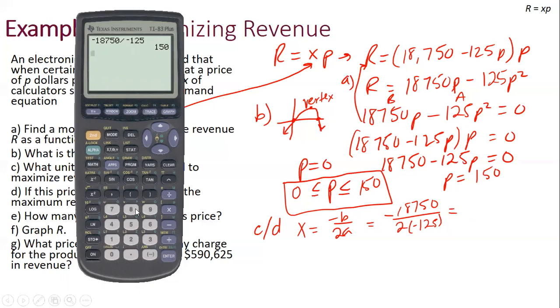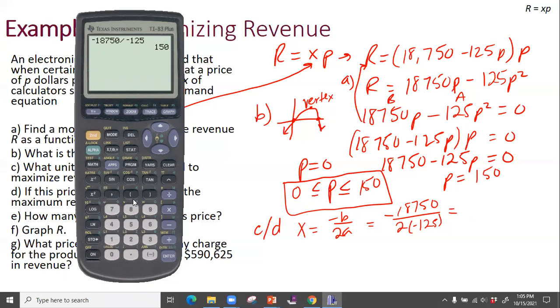So I put it in the calculator: parentheses, negative 18,750 divided by 2 times negative 125.